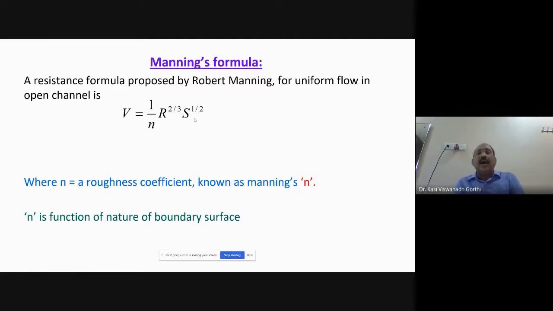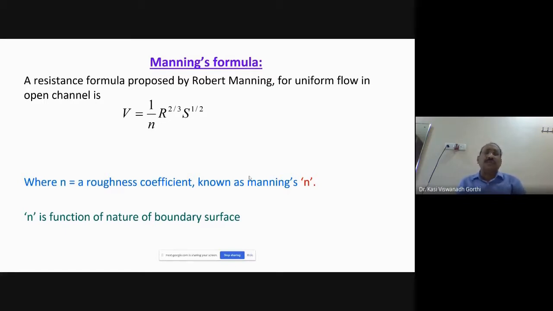But here, R to the power 2/3, S to the power half. So V is equal to 1 by n R to the power 2/3 S to the power half is Manning's formula, where n is a roughness coefficient, known as Manning's roughness coefficient, and it is a function of the nature of the boundary surface.